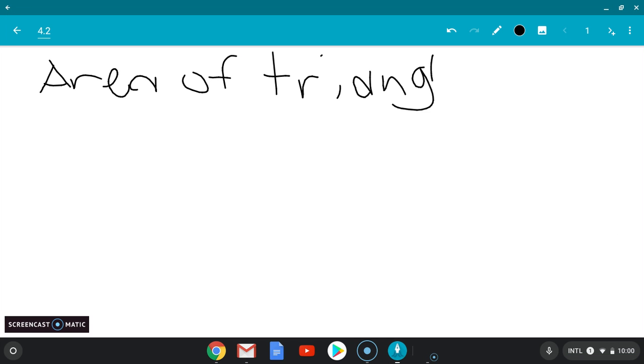All right, there's a couple different ways we could write the formula for the area of a triangle. Obviously, a triangle is a three-sided shape, right?